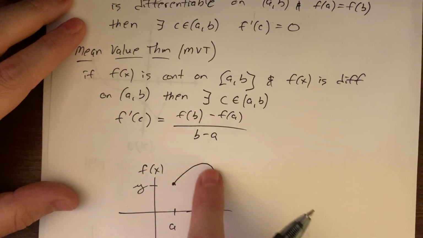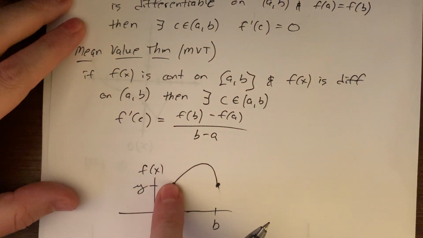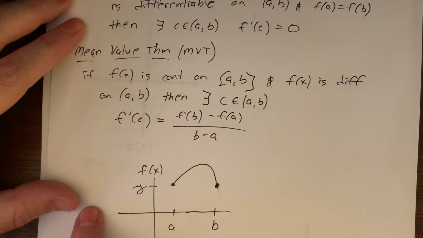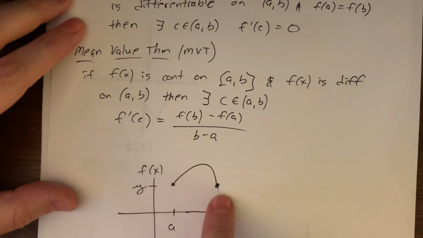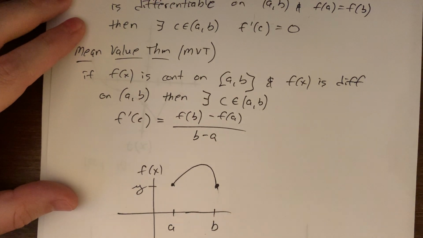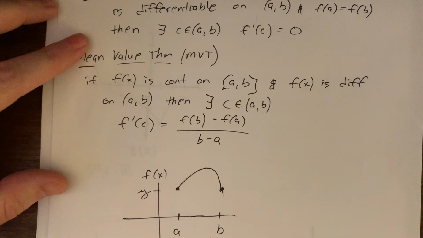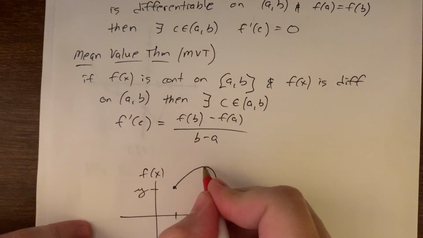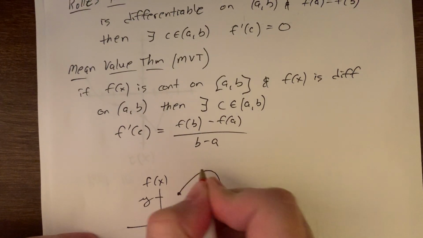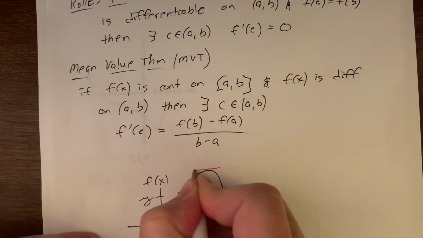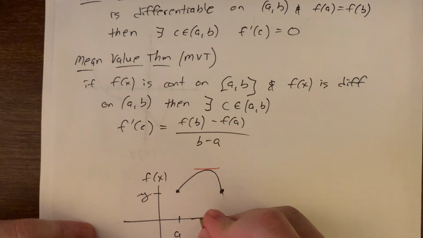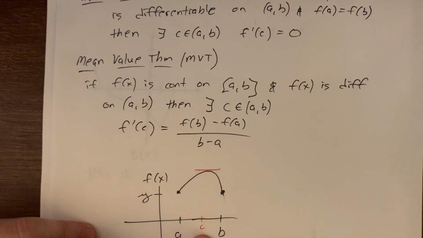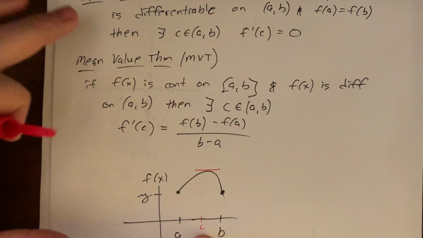Can you look at this picture and just this little region right here, not looking, I don't care what happened before a, I don't care what happens after b, just from a to b, can we see a spot on this graph where the tangent line would be horizontal? I hope we're all looking right here. I'll just change color just so we can try and keep this separate. That spot right there, that would have a horizontal tangent line. So this would be the c value guaranteed by Rolle's theorem.